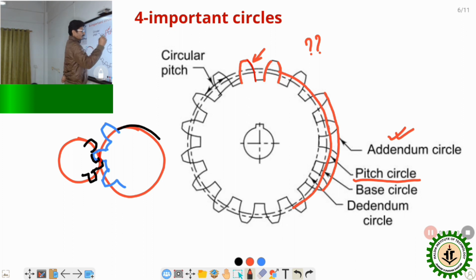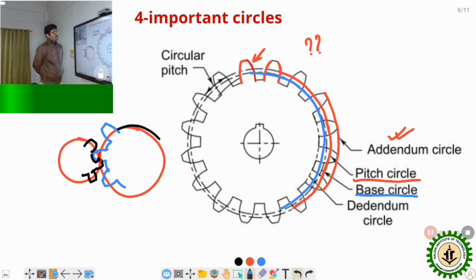The third circle is known as the base circle. The base circle passes below the pitch circle. So what is the principle of the base circle? The base circle is that circle down to which the profile of the tooth is a certain geometrical shape.